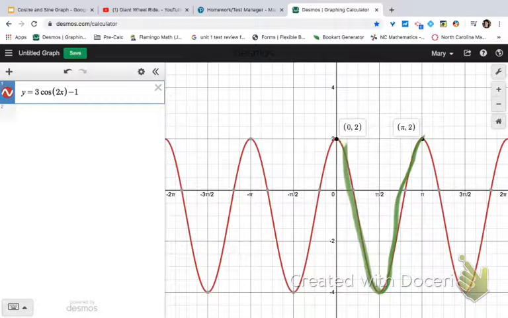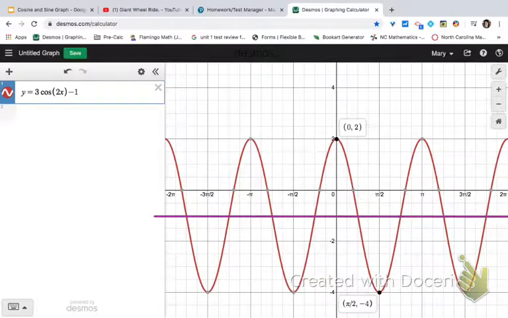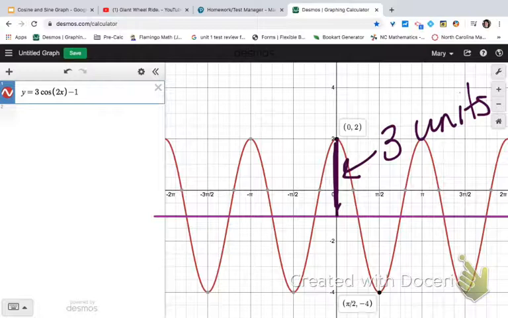If I know that my maximum is at 2 and my minimum is at -4, that means the middle of this has got to be somewhere around there. The midline, of course, between -4 and 2 would be -1. And then to find the amplitude would be the distance from the maximum to the midline, which is 3 units. So that would be my amplitude.